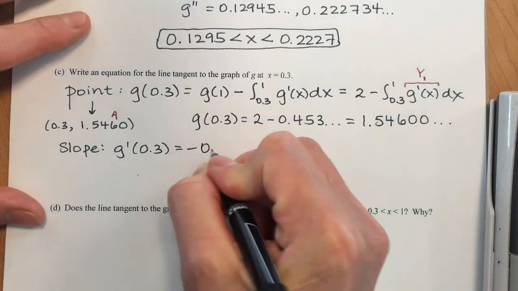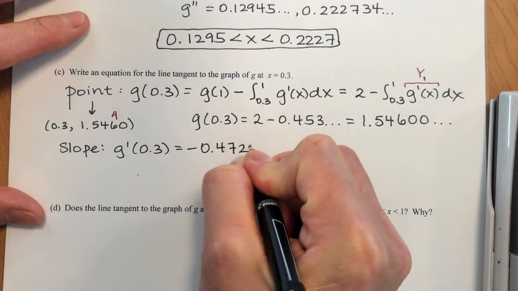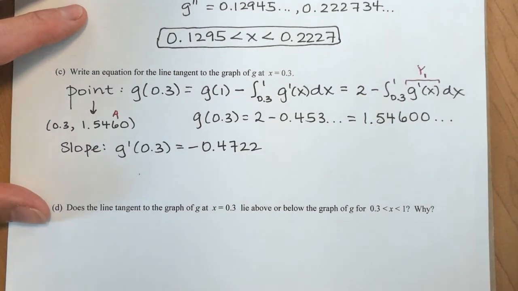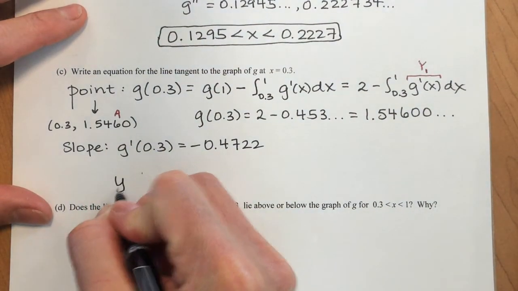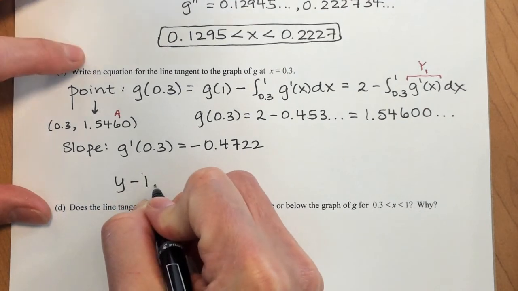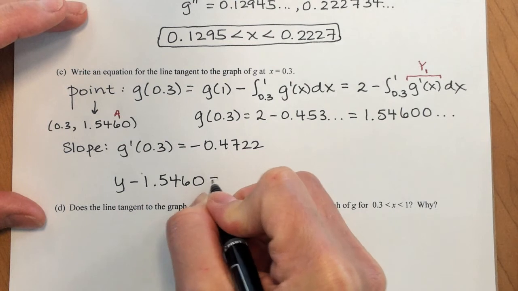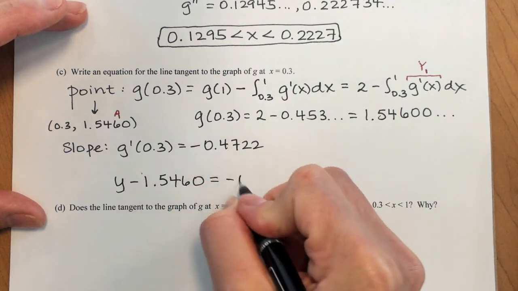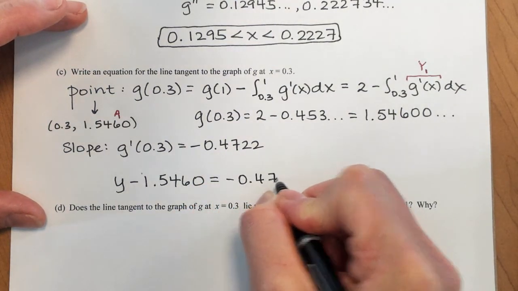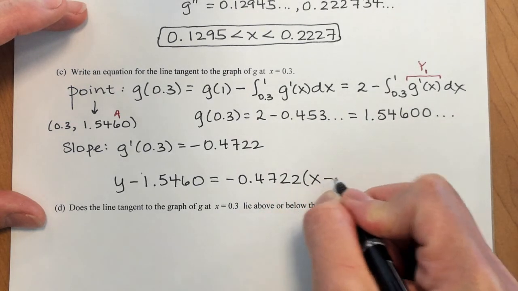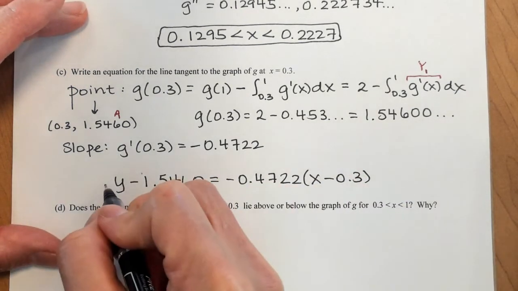Okay, negative 0.4722. All right, I am ready to write the equation of my line. y minus 1.5460 is slope negative 0.4722 times x minus 0.3.